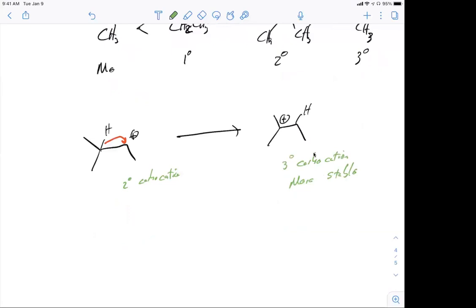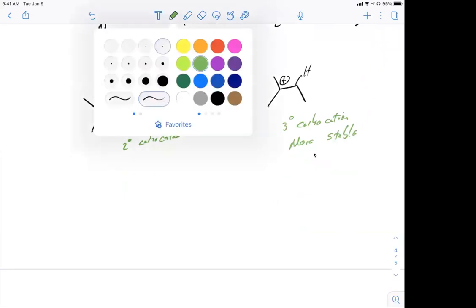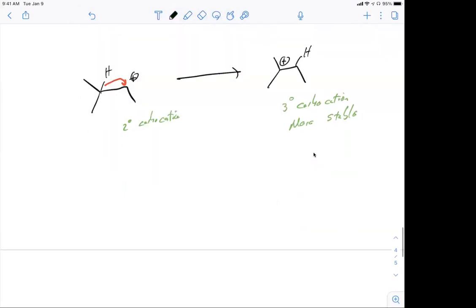So one of the questions you're going to have with rearrangements is whether a rearrangement will occur or will not occur. Okay, so let's look at a few of these. Let's try this. Let's take some time.